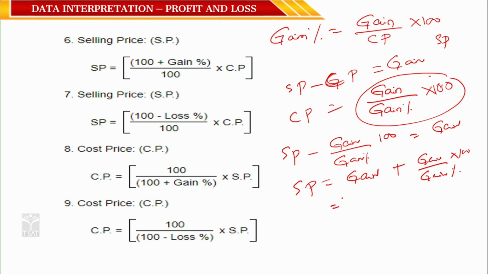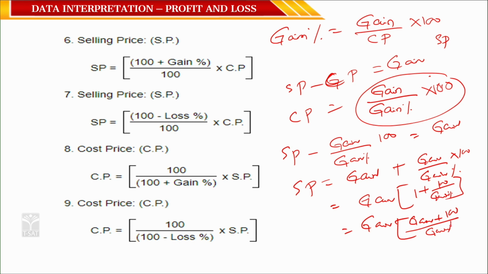You can take gain as common here, then 1 plus 100 by gain percentage, or you can say gain percentage plus 100 by gain percentage, correct.